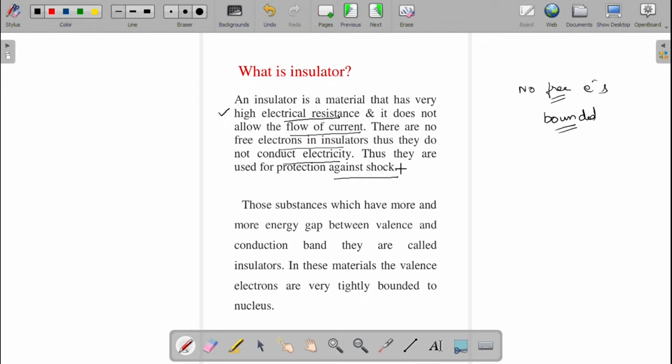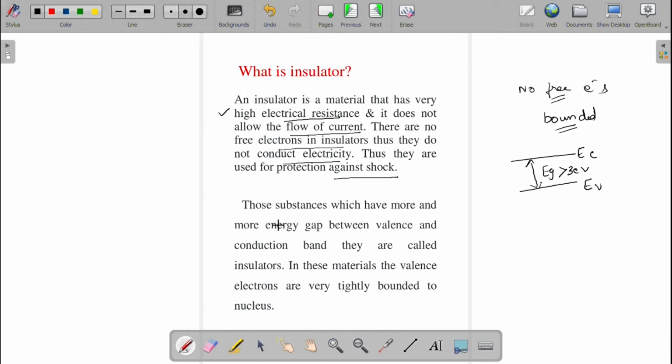Right. Next, in case of energy gap, how can we explain? This is the valency band and this is the conduction band. Here the gap will be very high. The energy gap will be almost greater than 3 electron volt. So there is a very high energy gap, and that's why it does not conduct any electricity.